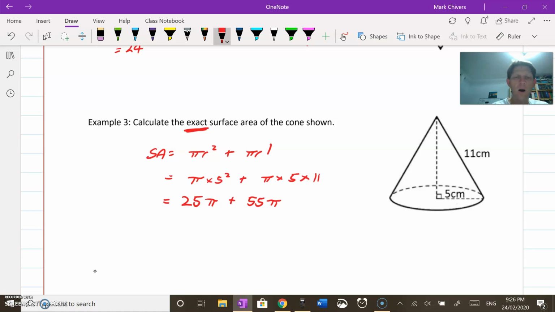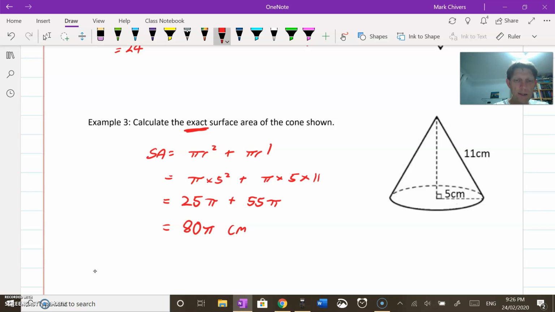We can deal with pi like it's x or y or something like that, like we're doing algebra. So in this case, just like if we had 25x plus 55x, we can do 25 pi plus 55 pi. So when we add, we just add the numbers together if it's the same pronumerals. So 25 plus 55, that's going to be 80 pi, and that's not the end.